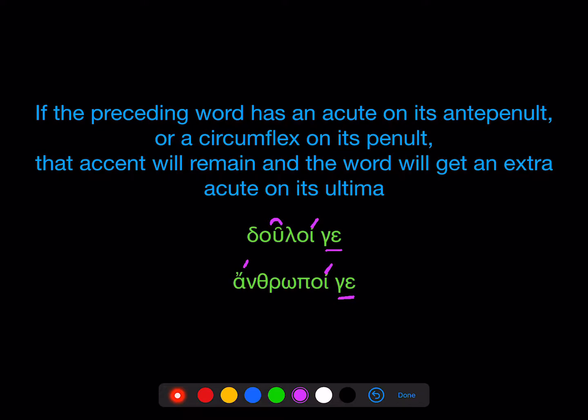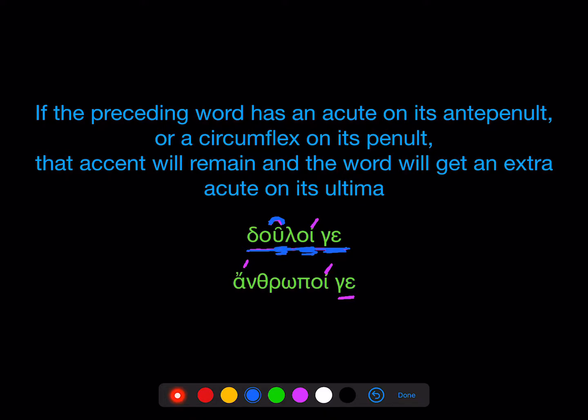The reason for this, the logic behind this, is if you imagine that the enclitic sort of becomes a part of the word. If you have a word of this shape with just a circumflex, right, and no other accent, what you really have in effect is a circumflex on the antepenult, right? Ultima, penult, antepenult.